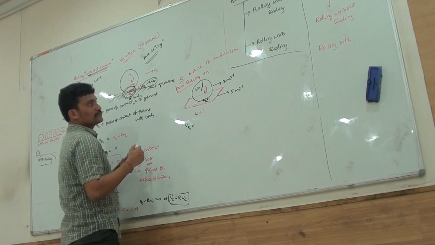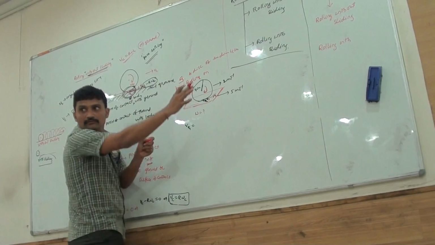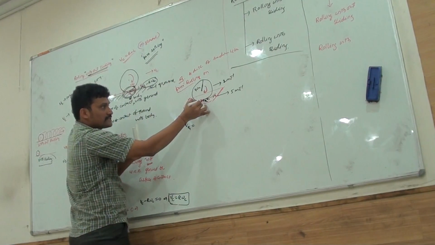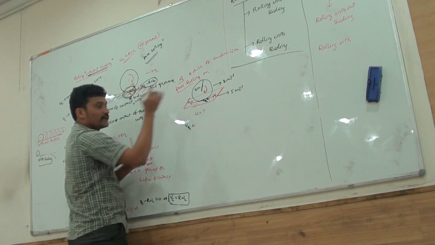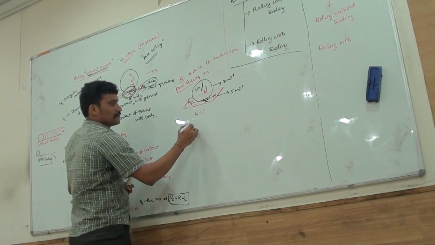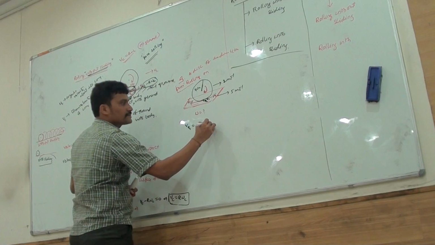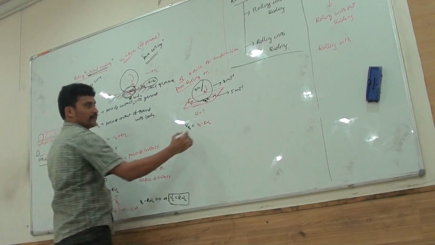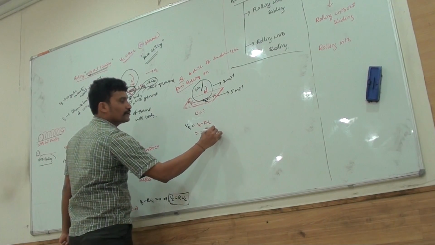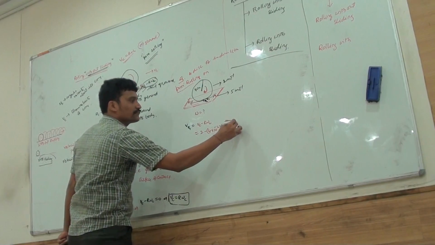VQ1 means this is VC, and the system will move in the forward direction. So VQ1 equals VC minus R omega C. VC is 2, minus R, which is 4 centimeters, so 4 into 10 power minus 2 meters, times omega C. We don't know omega C. This is the first one.